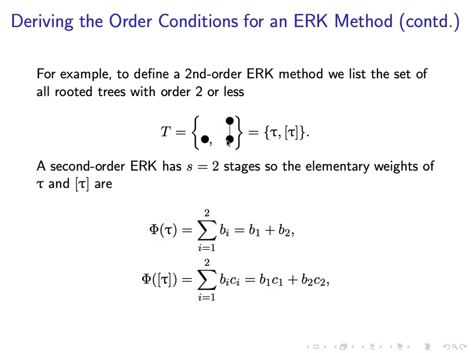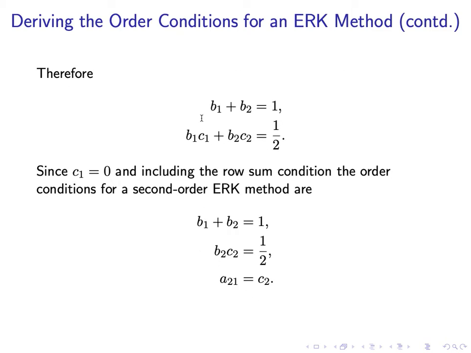So we have BI, but we have a leaf node, so that's going to be CI. So if we sum those over i equals 1 to 2, we have B1 times C1 plus B2 times C2. Another thing we can take into account is that C1 is always 0, so when we look at the order conditions, that term is going to disappear.